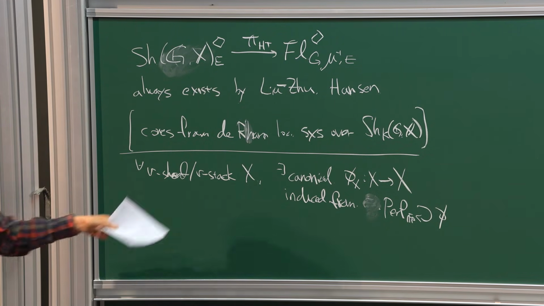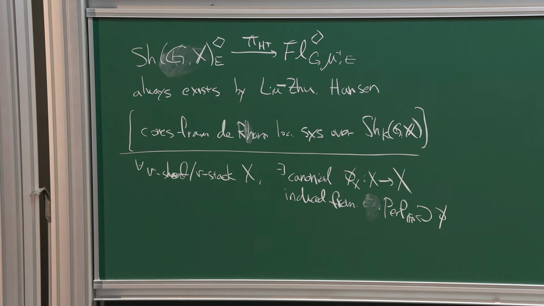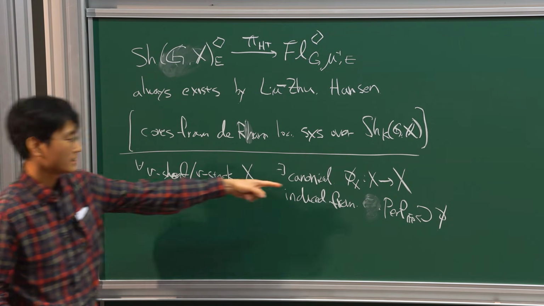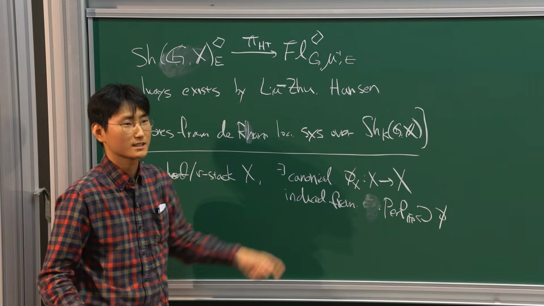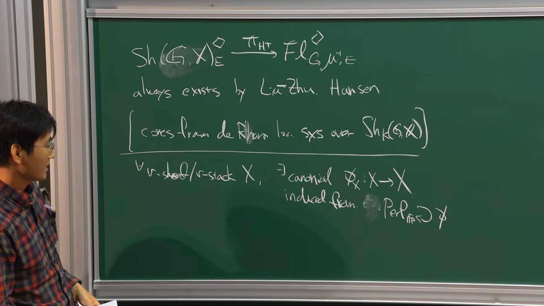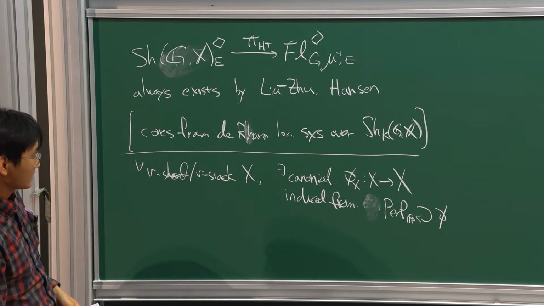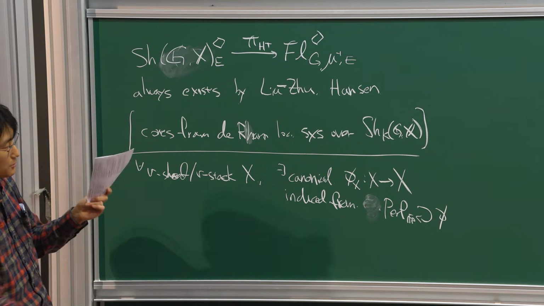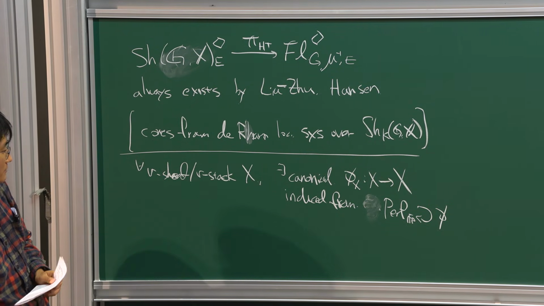So every perfectoid space has an absolute Frobenius, and it just directly induces a canonical Frobenius on every v-stack. Even something like Spd Q_p has a Frobenius. And it's also automatically functorial with respect to X to Y, a map of v-sheaves.